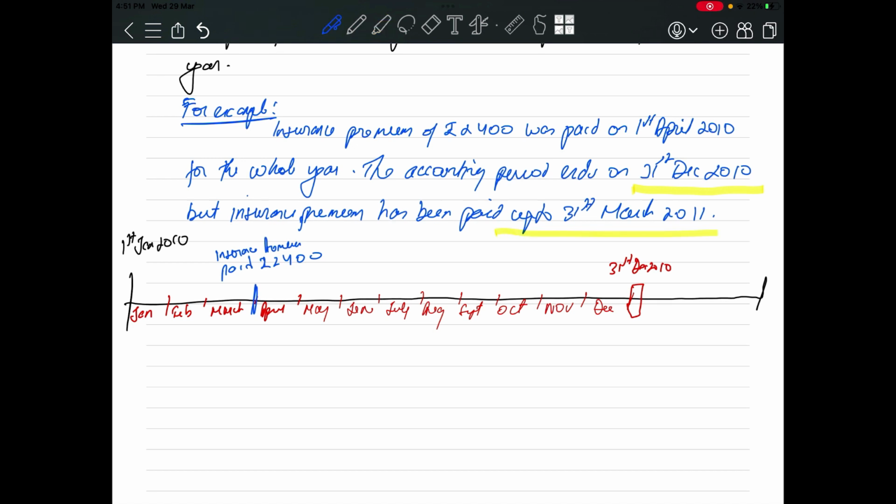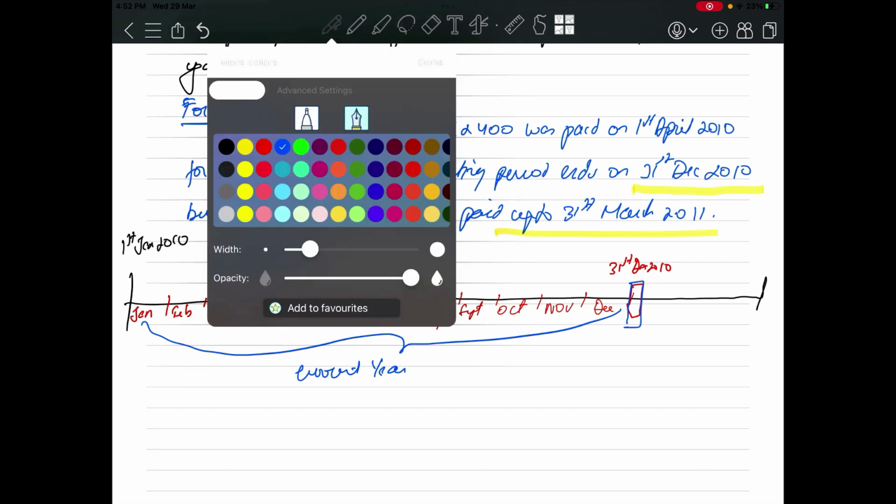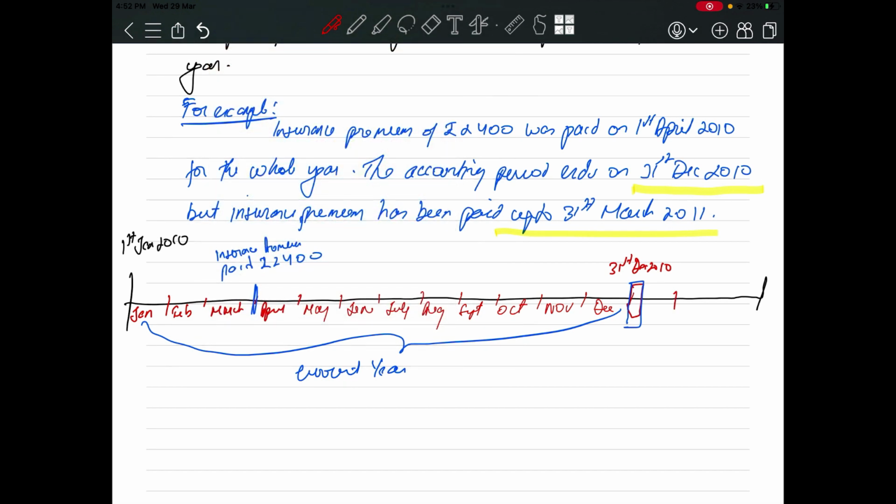So see, this period is the current year, right? Now this period will be next year, Jan, Feb, March and so on. So this period will be called the next accounting year, or you can say period.